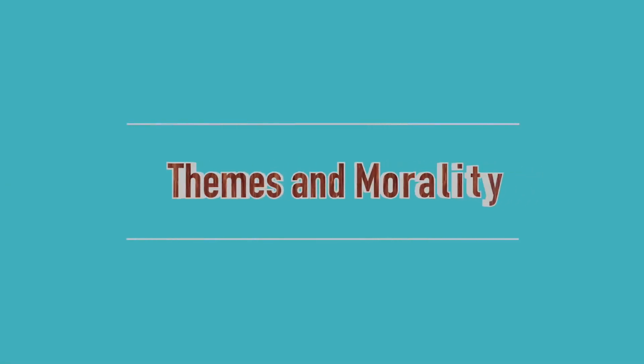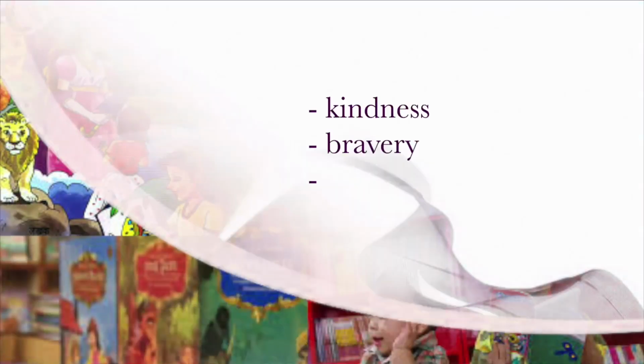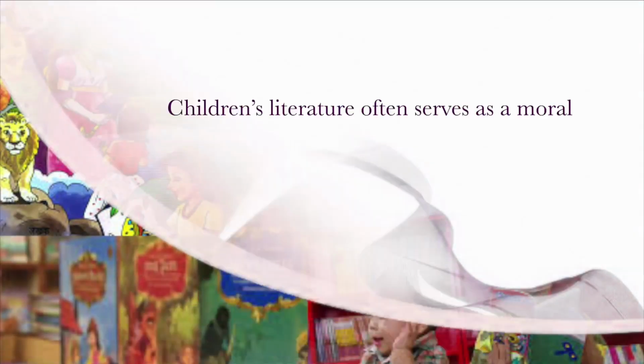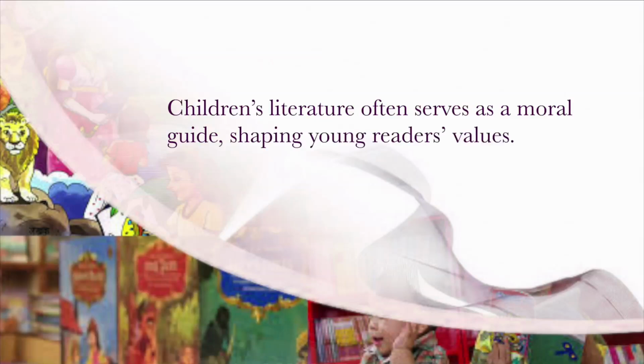Now, themes and morality. Many children's books focus on themes of kindness, bravery, and perseverance. Maria Nikolajeva notes that children's literature often serves as a moral guide, shaping young readers' values.